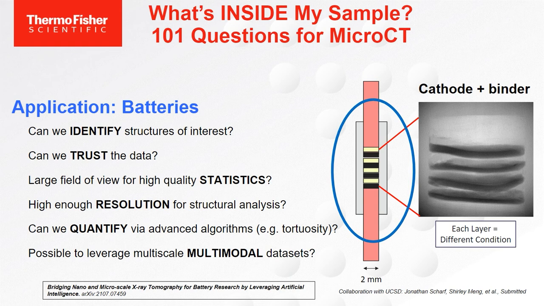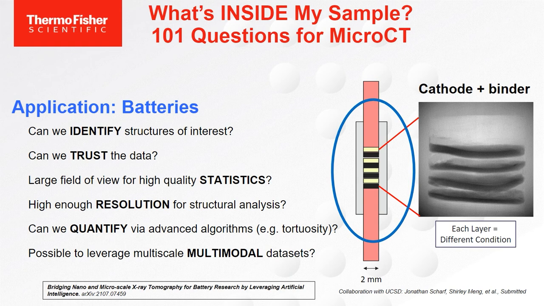What can I do with the data? Am I going to be able to trust the data? Am I going to be able to get statistics that are valid for nature? Am I going to have a high enough resolution? How do we quantify, or can we quantify with our advanced techniques that we already know how to do? And can we leverage the HeliScan data into our multimodal workflows?